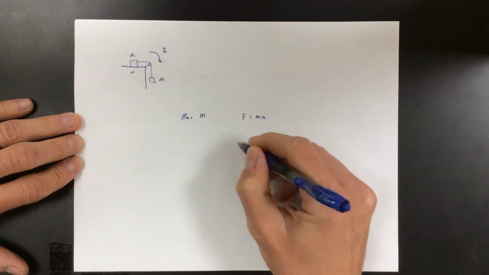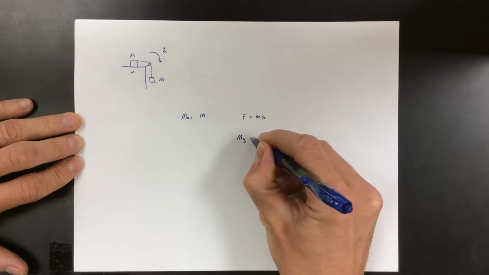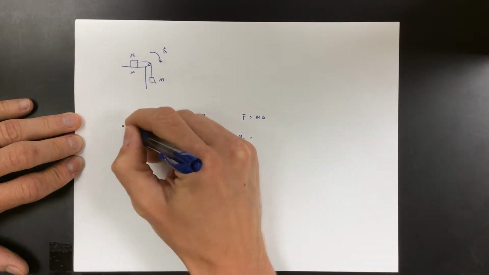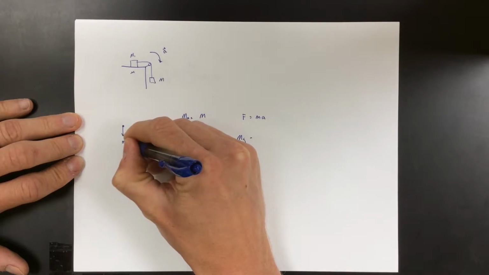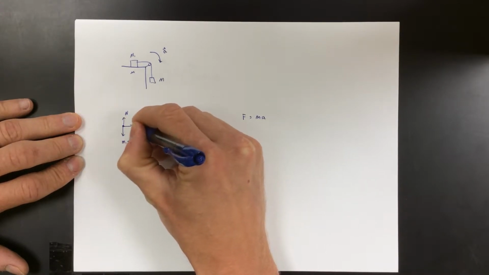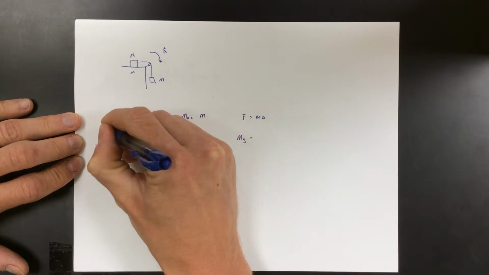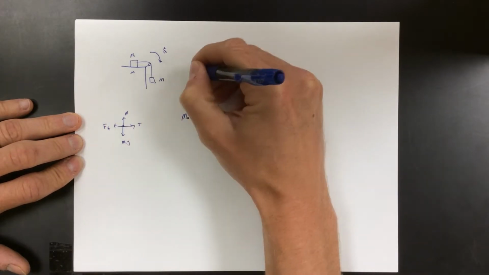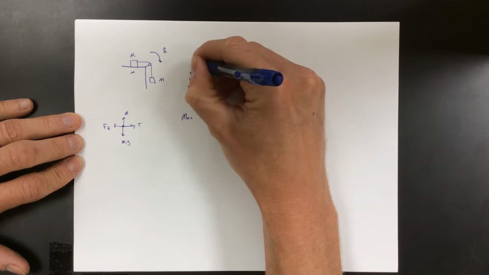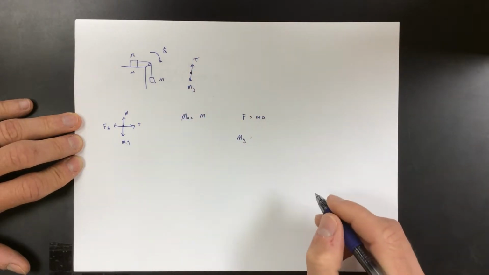And so we have this one's weight, mg minus, now if you drew a free body diagram for that one, it would have m1g down, a normal force up, a tension to the right, and a force of friction this way. If you drew a free body diagram for the hanging one, you'd have capital Mg down and some tension up. Okay?